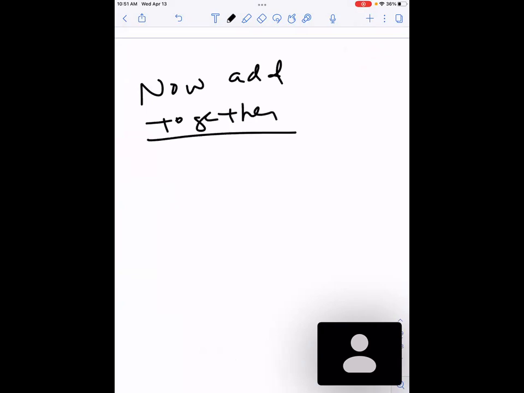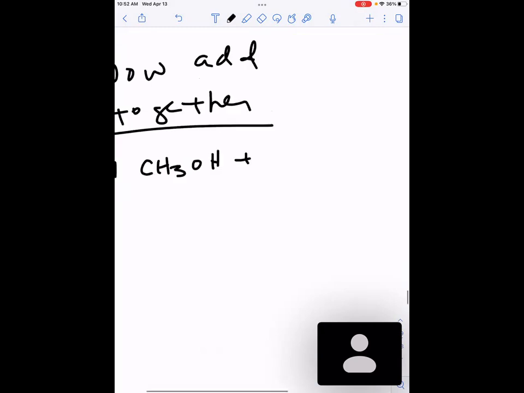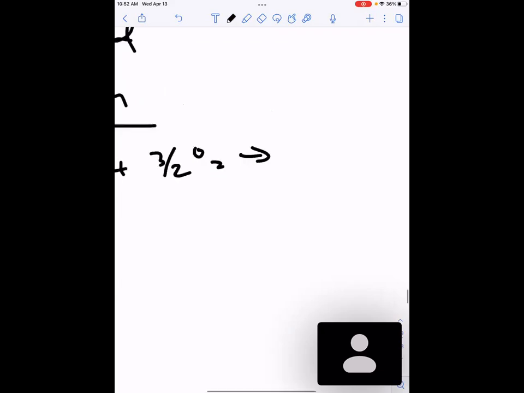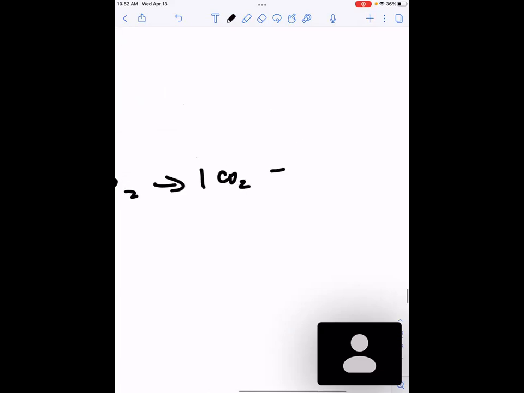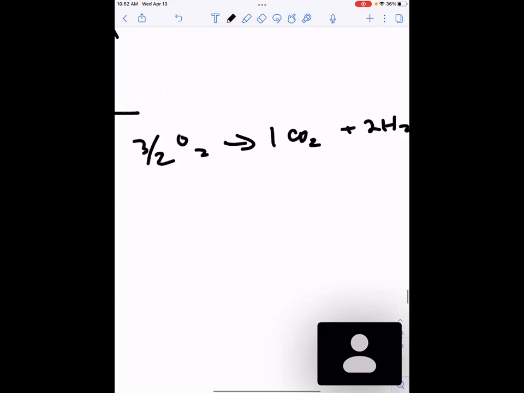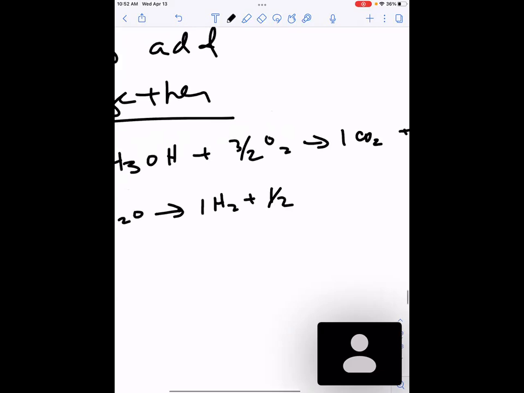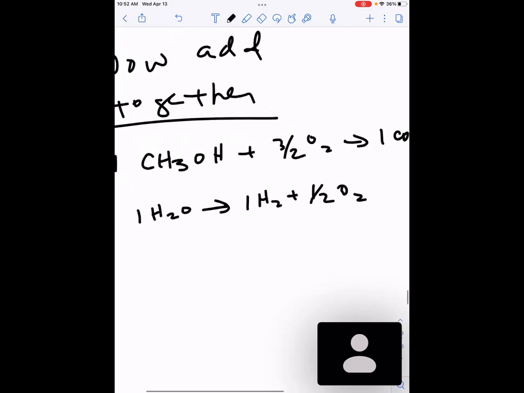So we take the first equation, 3/2 O2 goes to 1 CO2 plus 2 H2O. And then the second equation was 1 H2O going to 1 H2 plus 1/2 O2. Let me move that so you don't get confused.